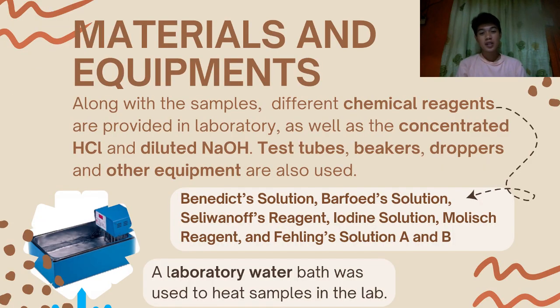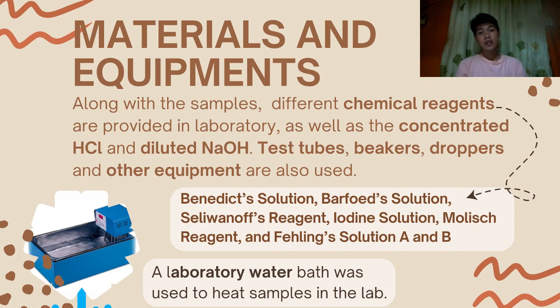Along with the samples, different chemical reagents are provided in the laboratory, such as Benedict's solution, Barfoed's solution, Seliwanoff's reagent, iodine solution, Molisch reagent, and Fehling's solution A and B, which are utilized in the specific tests for carbohydrates.